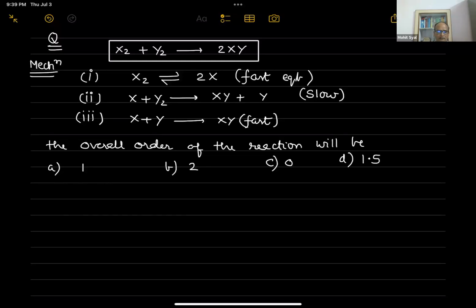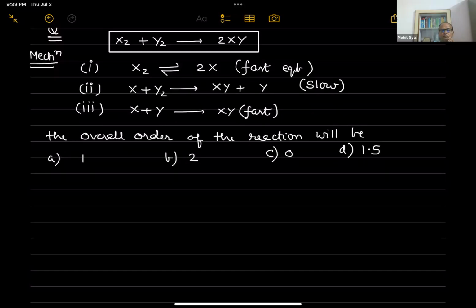What is the overall order of the reaction? So first you need to figure out what is the rate law.